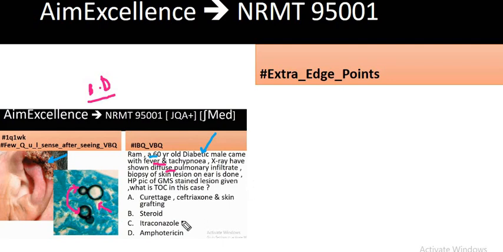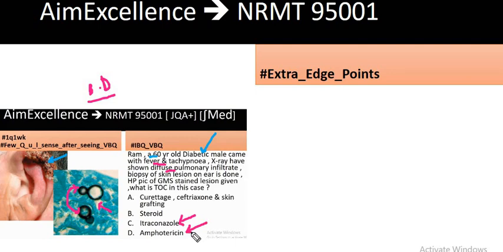So what should be the treatment? The treatment of choice in normal cases of Blastomyces dermatitidis is itraconazole. But here the patient is immunocompromised, as the patient is having diabetes.